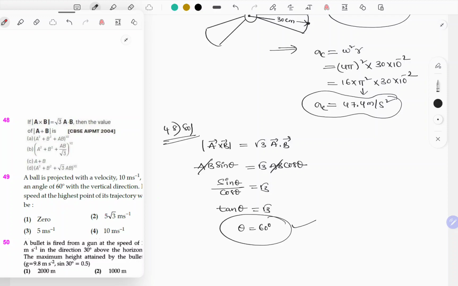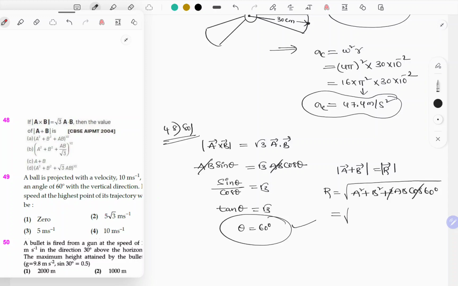Okay. Now what are they asking by giving this kind of data? They're asking the magnitude of A bar plus B bar. We know that is equal to the magnitude of R bar, the resultant of two vectors. Resultant is nothing but the addition of two vectors, which is equal to root of A square plus B square plus 2AB cos theta. Theta is equal to 60 degrees here. Cos 60 is half, and 2 will get cancelled out.